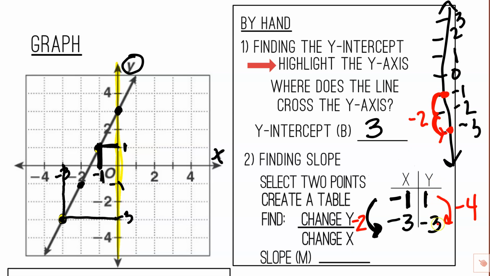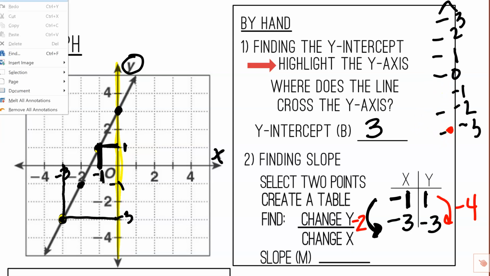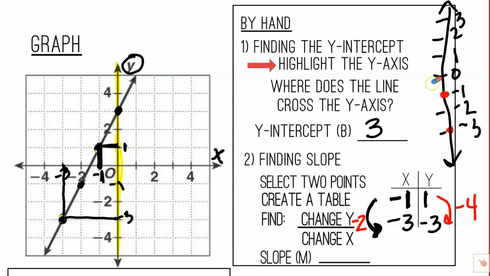And then from 1 to -3, 1, 2, 3, 4. I went down 4, so I subtracted 4.